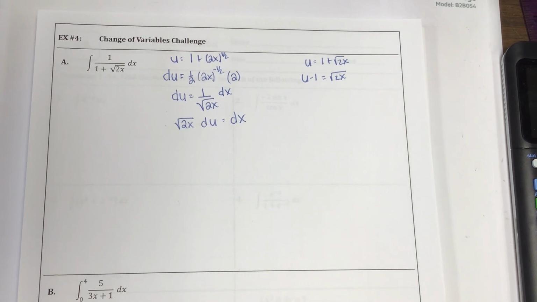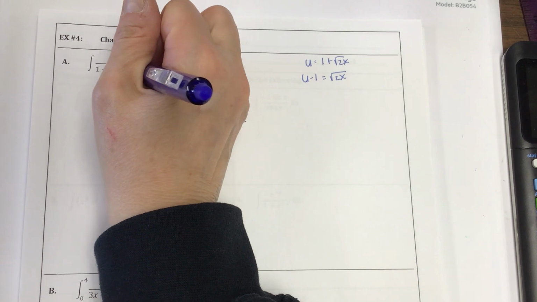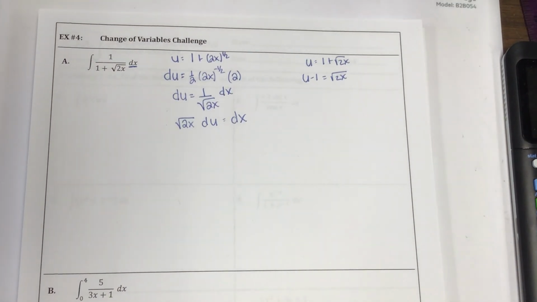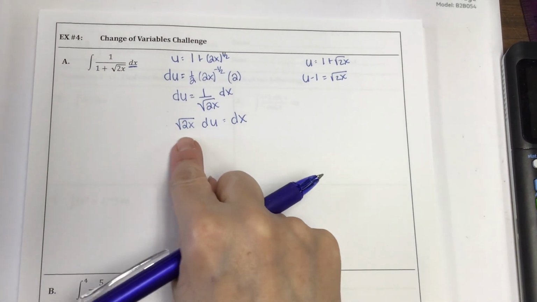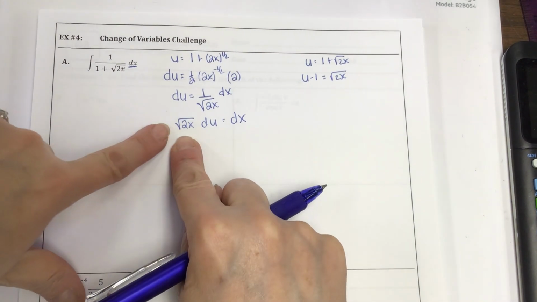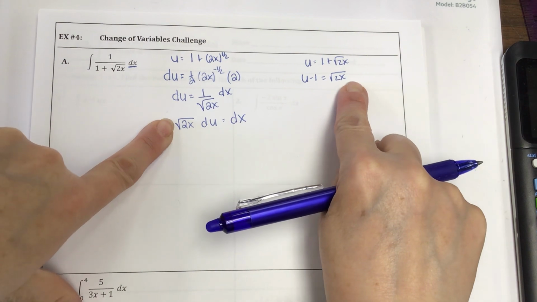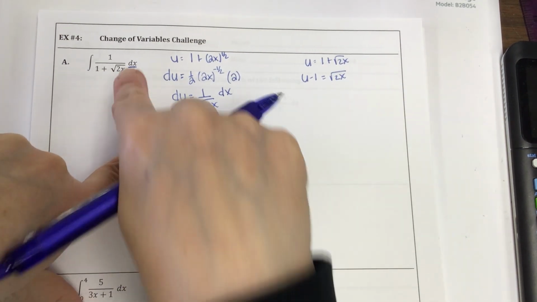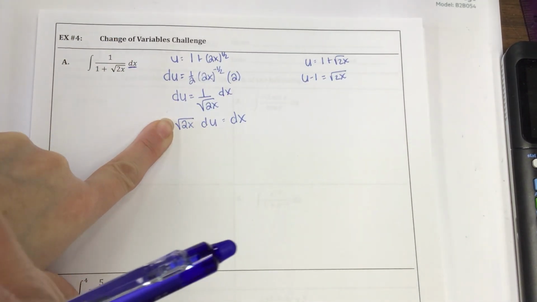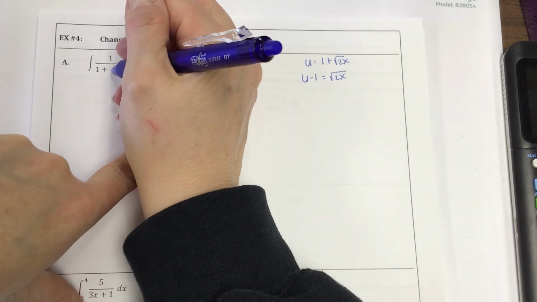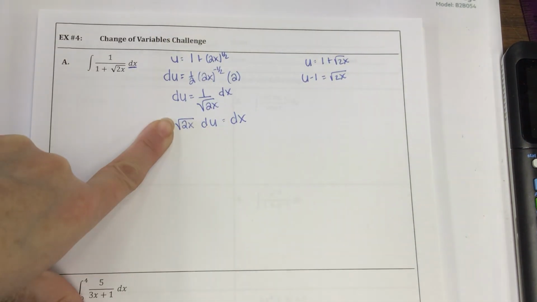Yeah? So here, if I look at that, I've got to have something for dx, yes? Is that fair? I mean, I can see this is 1 over u, but I've got to have something for dx in terms of u, don't I? Yeah? Because I can't have a mix of variables.